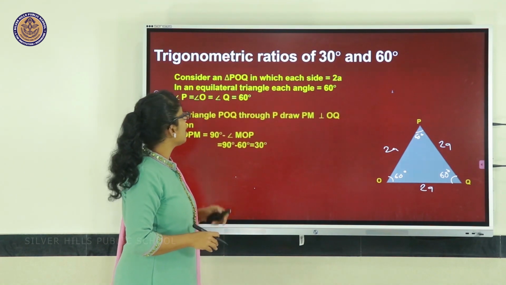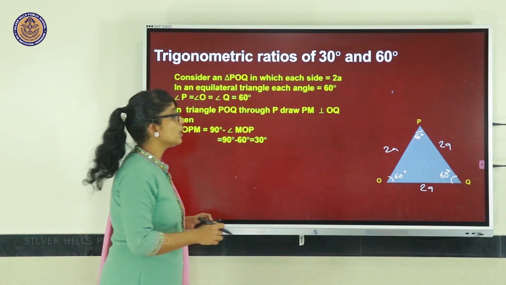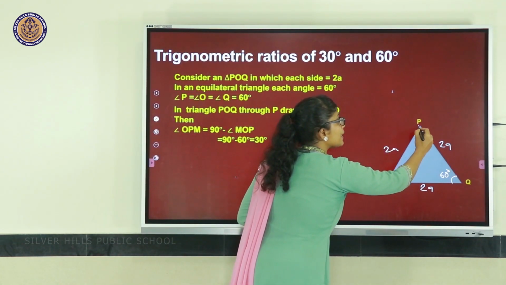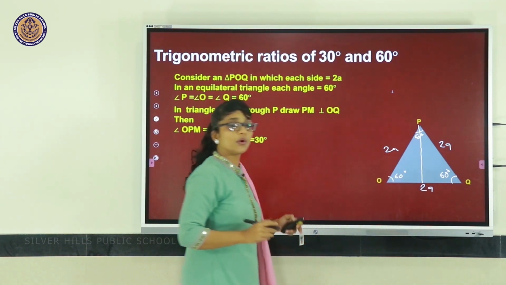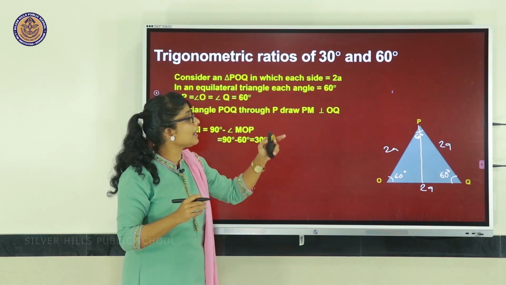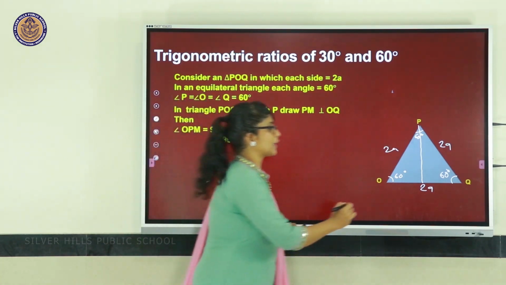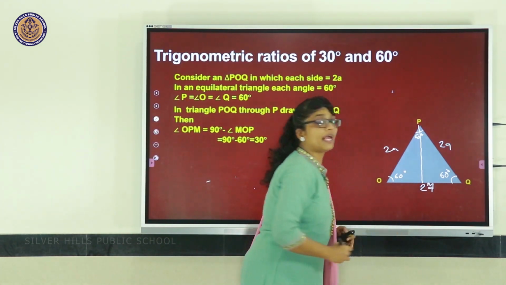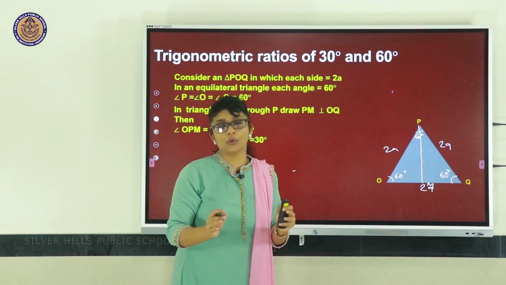So here also we can construct a right angle triangle. How? Draw a perpendicular line from P to OQ. That is PM perpendicular. Here we can give one name M. PM perpendicular to OQ.